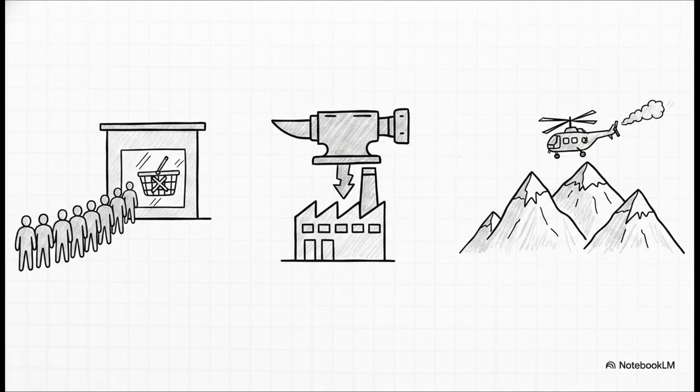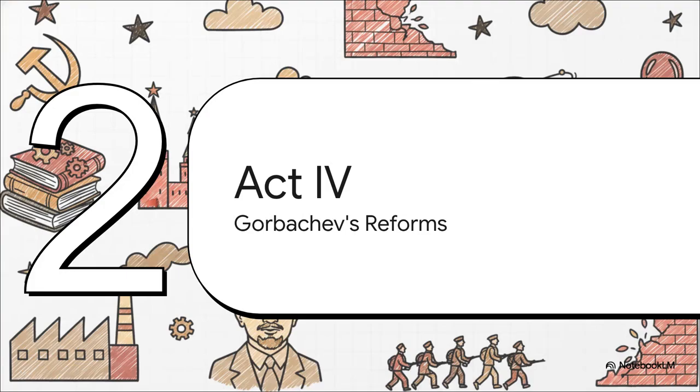A huge reason for this was the crushing weight of their defense budget. Just trying to match the US in the arms race was effectively bankrupting the entire country. And to make matters even worse, they launched a disastrous military intervention in Afghanistan in 1979, which heavily drained whatever resources they had left. This brings us to a crucial turning point, Act 4, Gorbachev's historic reforms.